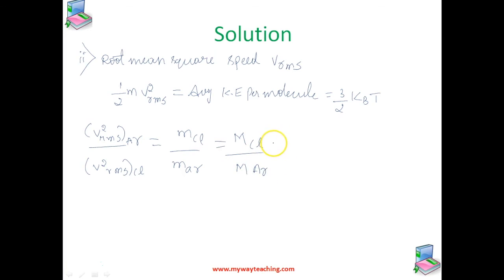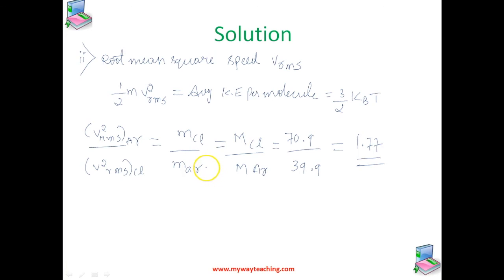In the question they have given molecular mass of chlorine as 70.9 mu and argon as 39.9. So that will be equal to 1.77. Here m denotes the molecular mass of the gas.